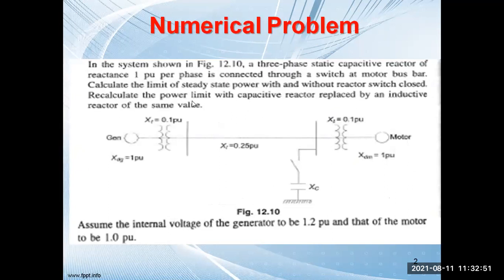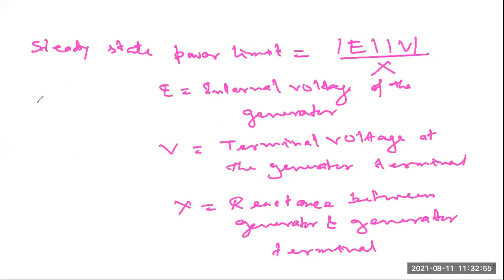You should understand this thing. The capacitance value is given, that is 1 per unit. So what is the capacitive reactance? It is basically 1 by J omega C. That is the capacitive reactance.